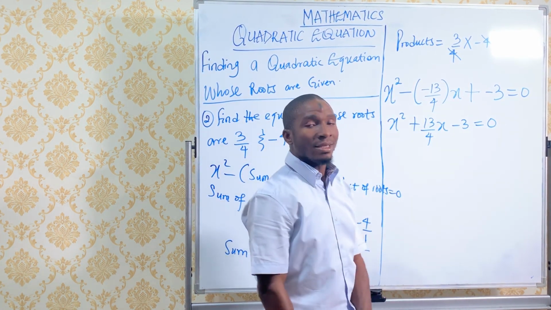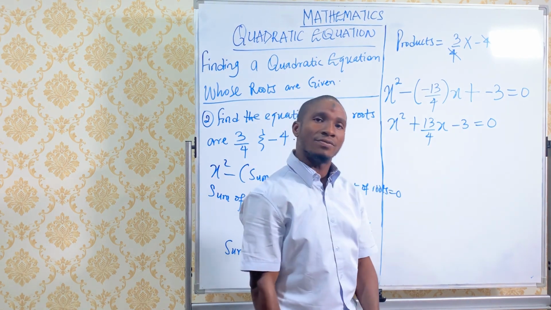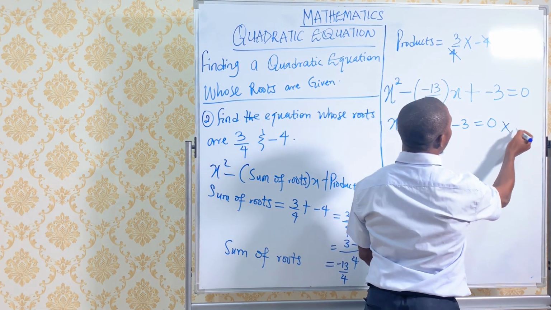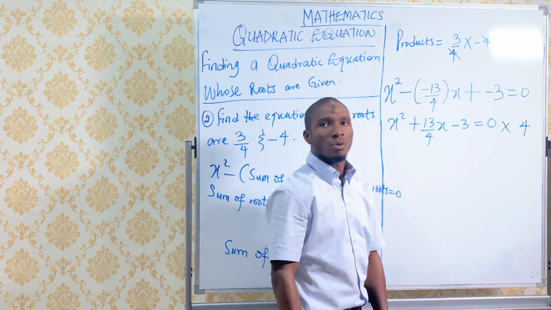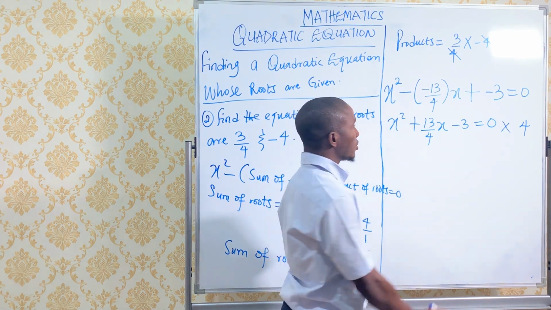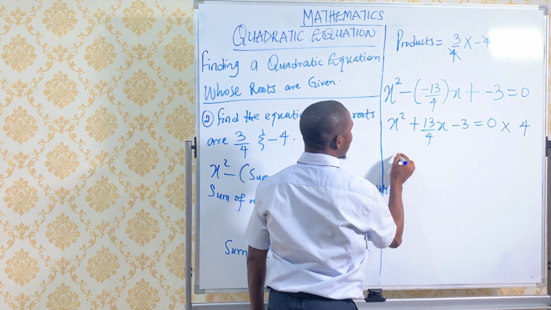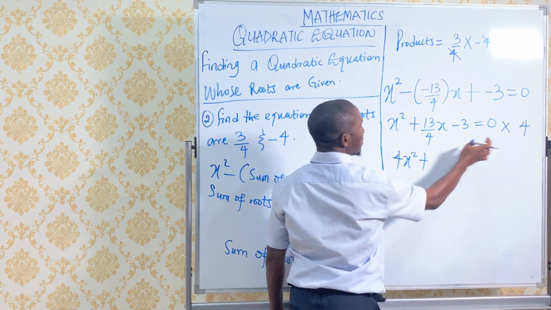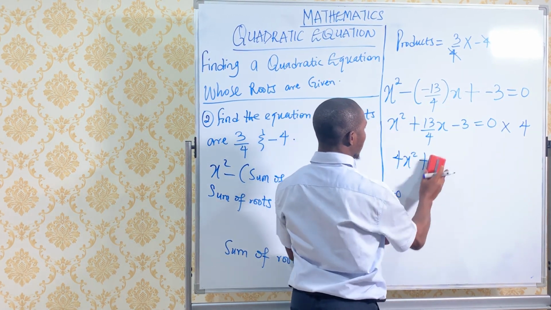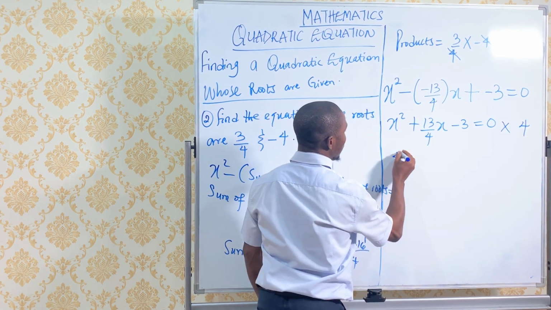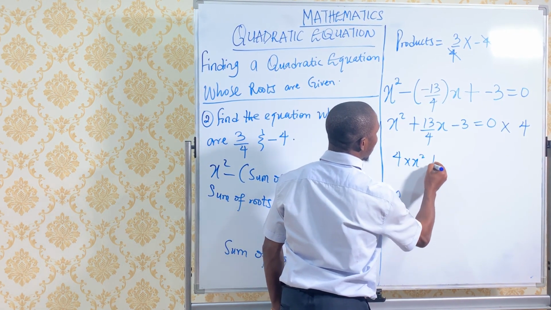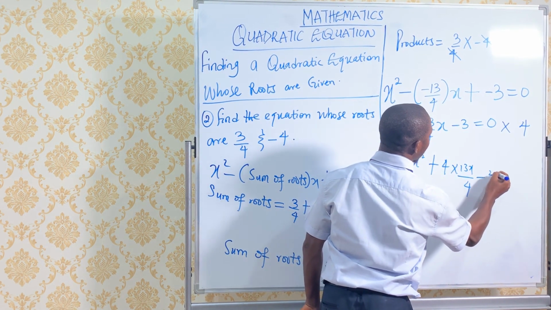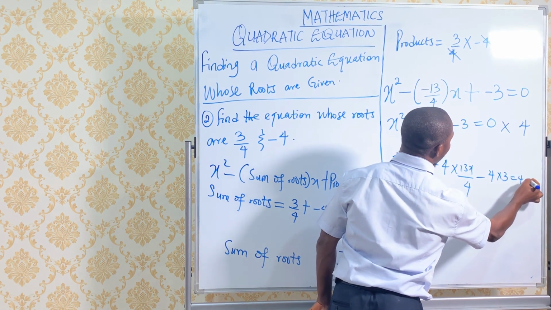We can leave the answer like this, or we eliminate the fraction. We can eliminate the fraction by multiplying both sides by 4, which is the LCM. So 4 times x squared will give us 4x squared, plus 4 times 13x over 4, minus 4 times 3, equals 4 times 0.